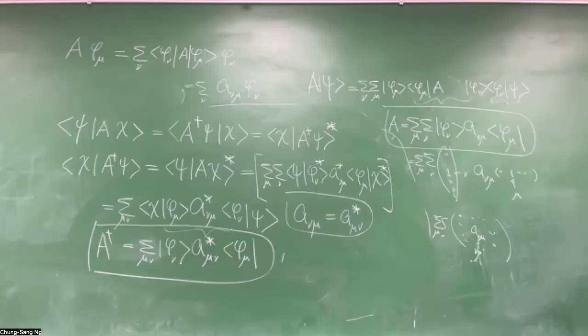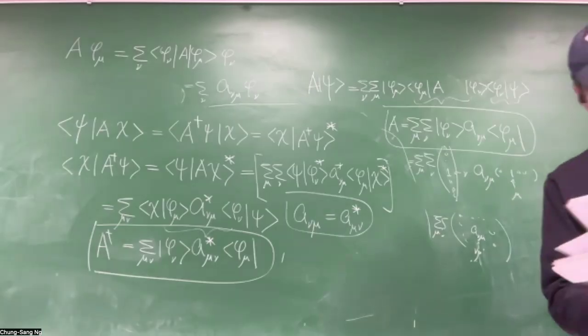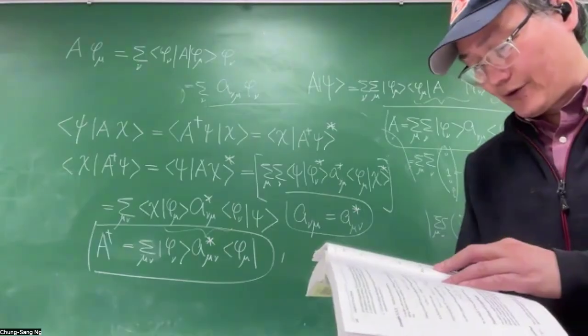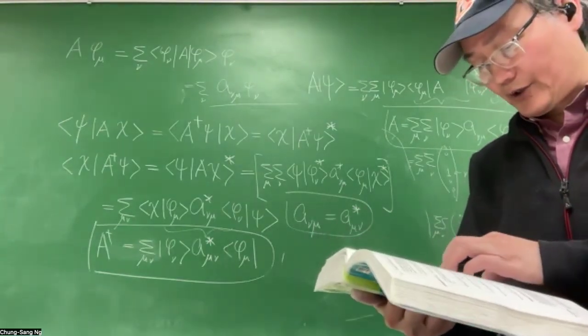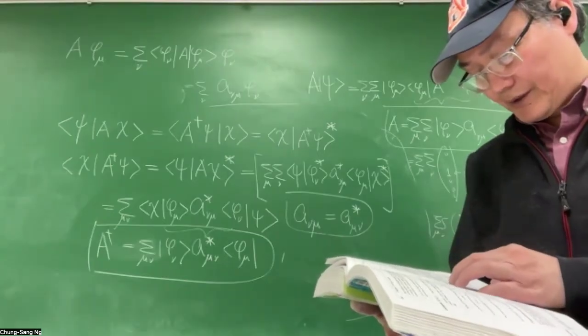I guess I actually go into the next section a little bit. This is 5.4. This is the condition of a self-adjoint operator or Hermitian operator.